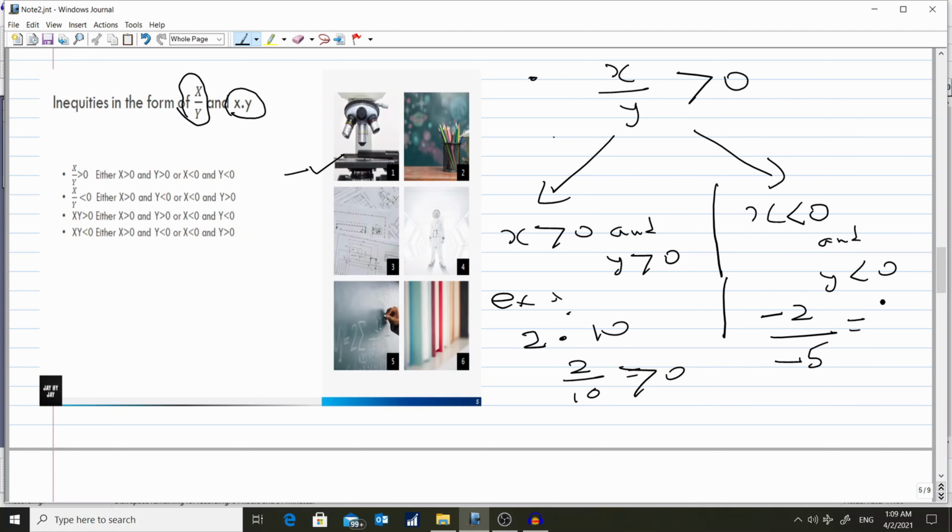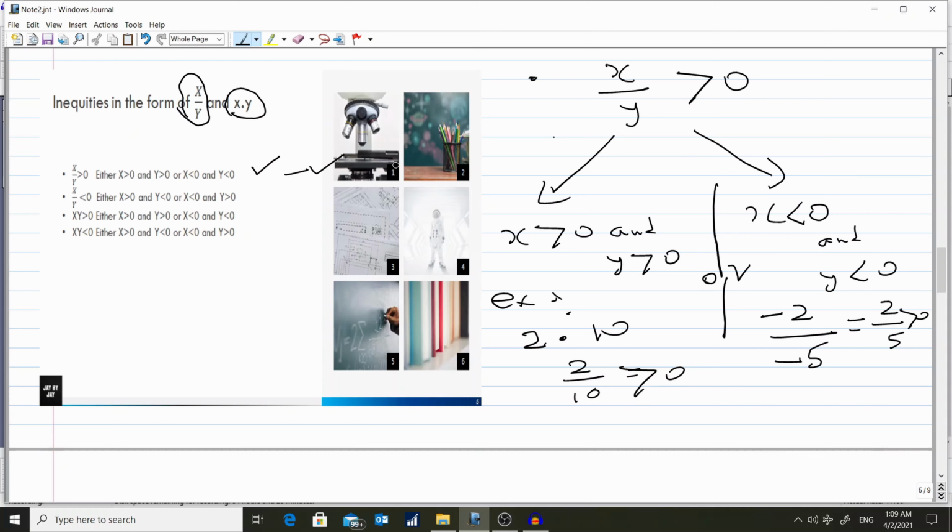Therefore the answer will be 2 over 5, which is also positive. So to satisfy this inequality, either this one or this one is the answer. This one is finished here.